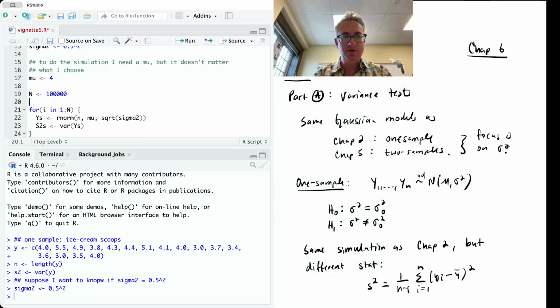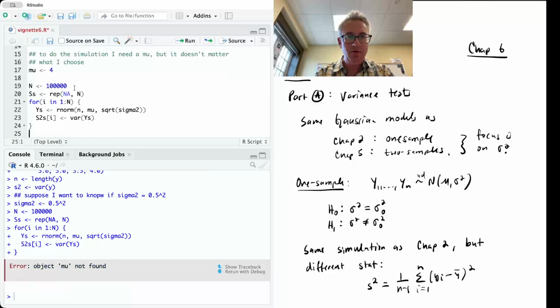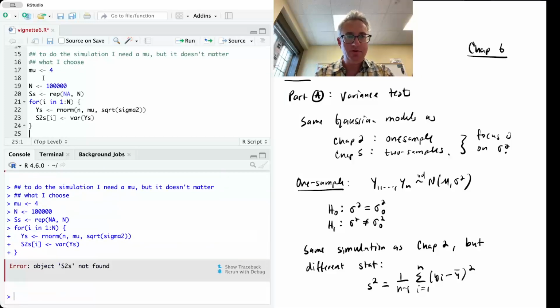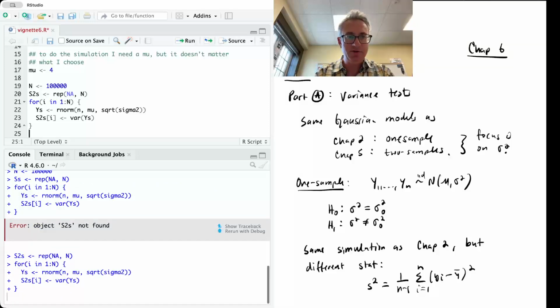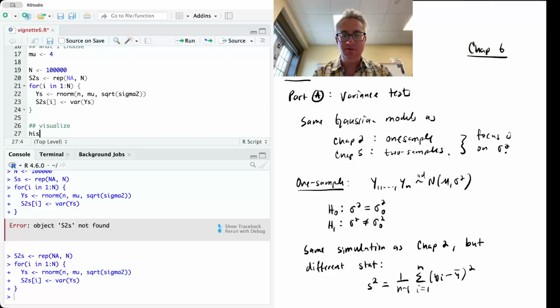And I need to make sure I save that the right way. And then I can run the simulation. Oops, I didn't run that line of code. S2s, making all sorts of mistakes here in real time for you. And then we can visualize the simulation.